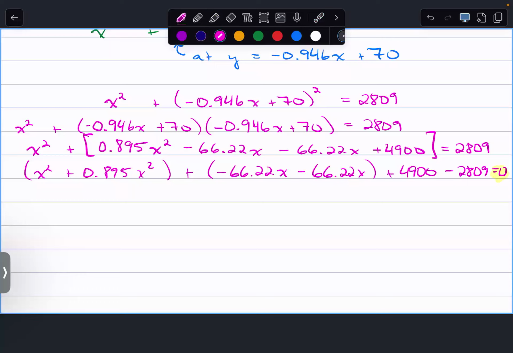Here we get 1.895x squared and negative 66.22 minus 66.22 is minus 132.44x, and then 4,900 minus 2809, I get plus 2,091 is equal to 0.